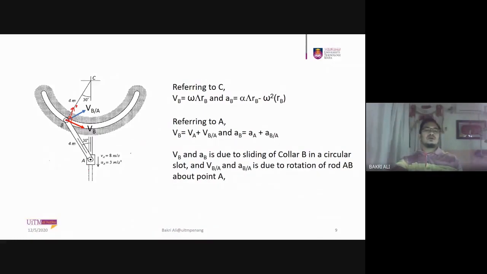So VB is given by VA plus VB relative to A, and AB is also given by AA plus AB relative to A. And by computing the value of VB using this equation, we might get VB in some IJ components, and then we just need to equate or relate it with this VB in the same IJ components, and then we can find whatever is required. So normally, of course, it needs the omega and alpha.